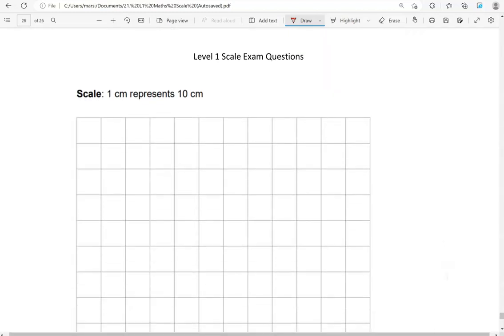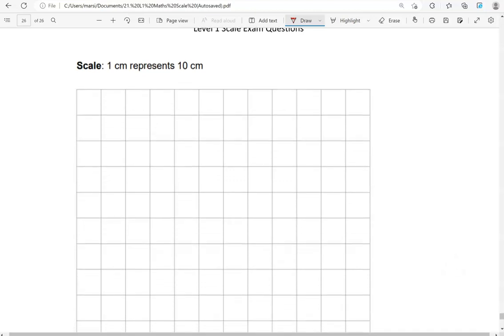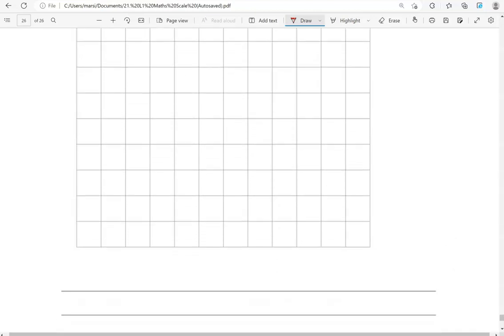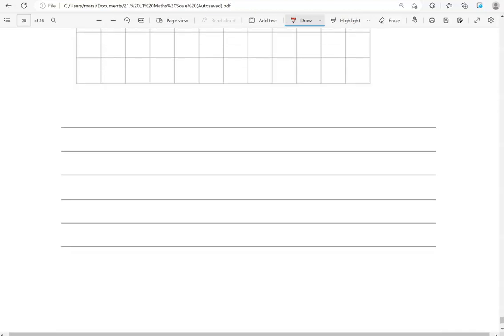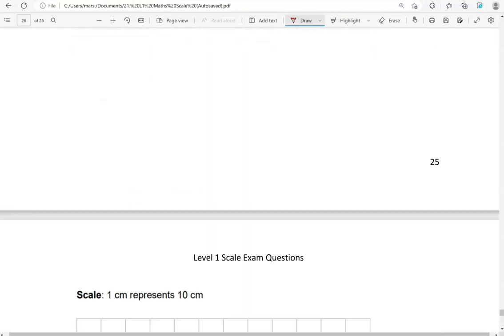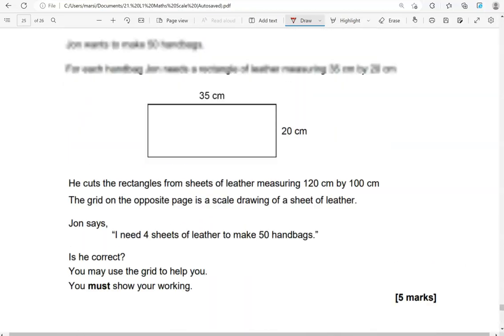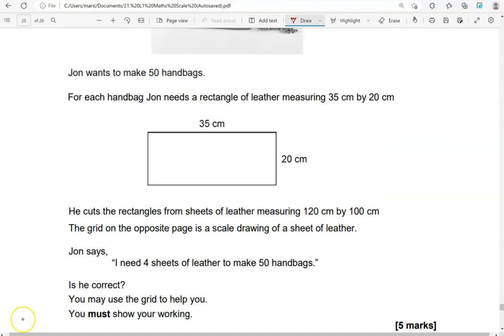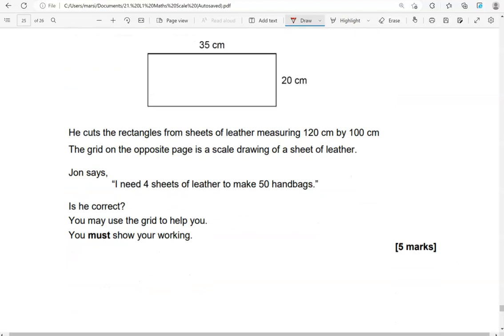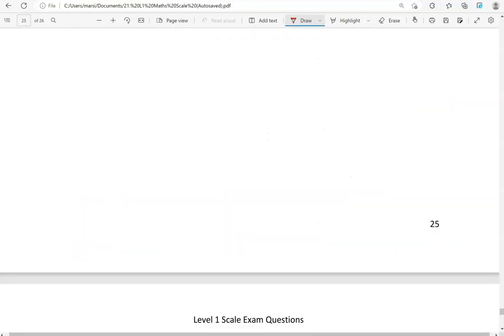So here is the grid. 1 centimeter represents 10 centimeters. And we've got space for working out. So each sheet of leather measures 120 centimeters by 100 centimeters.